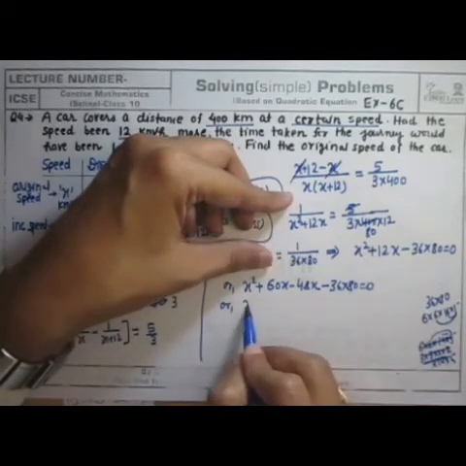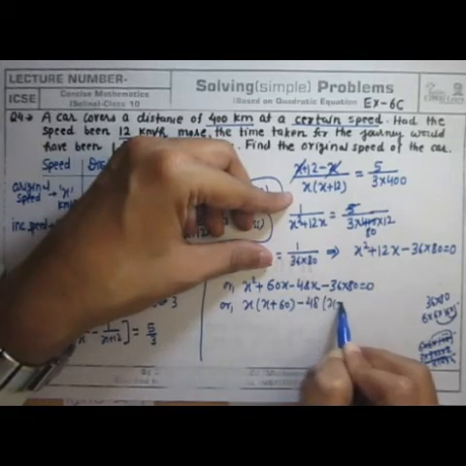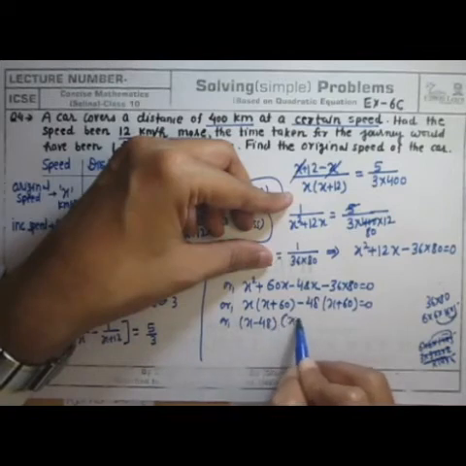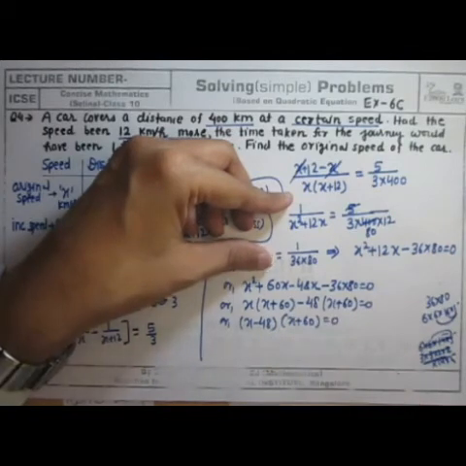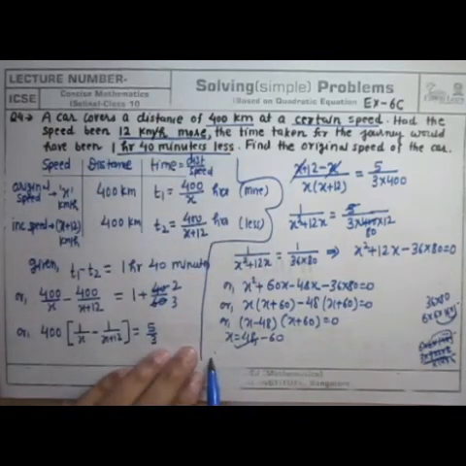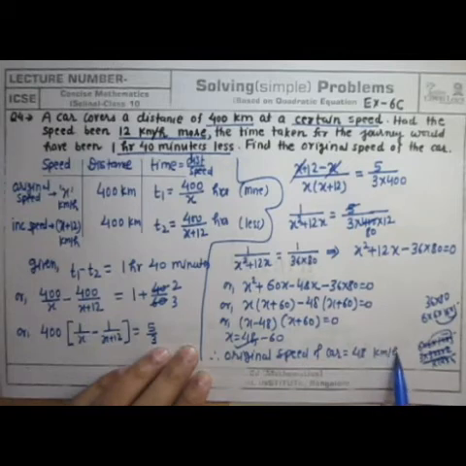Take x common, so x plus 60 minus 48 is common, so you will get x plus 60 is equal to 0. So you will get x minus 48 into x plus 60 equal to 0. So we will get x equal to 48 and minus 60. We will take the positive value only. Therefore, the original speed of the car is equal to 48 km per hour.